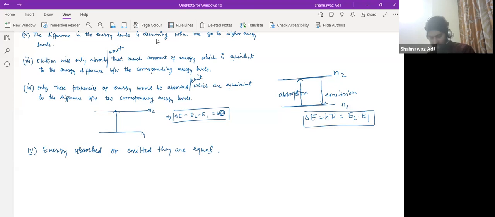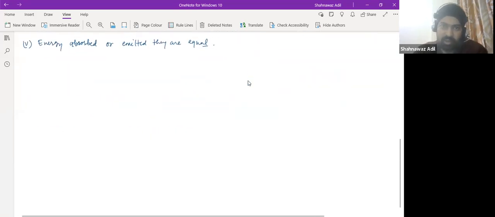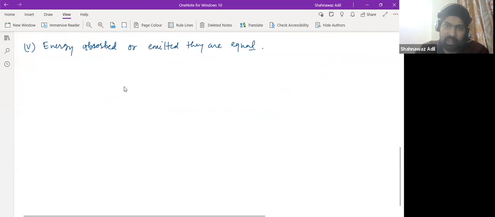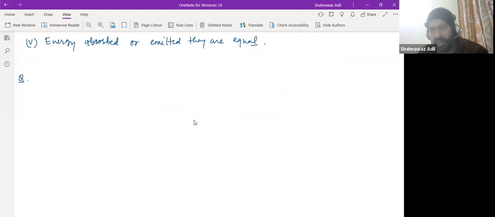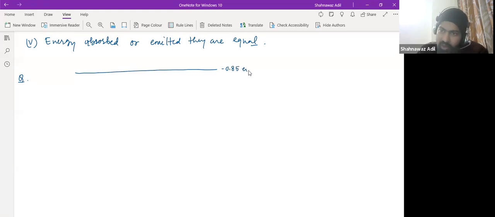Done. Then okay, so now let us do this question, and this is very important, right? You will be given some energy level diagrams, and then they will ask you which one is the correct one. So let's say you are given the energy level diagram. This is minus 0.85 electron volt.